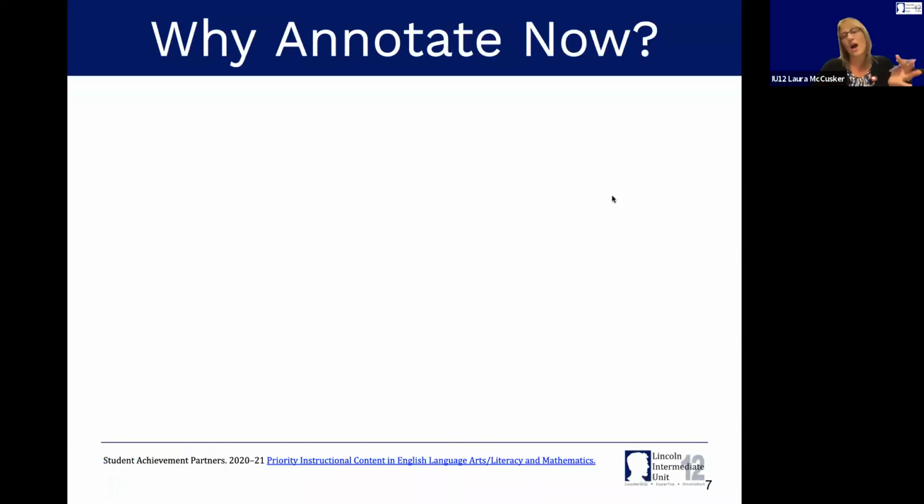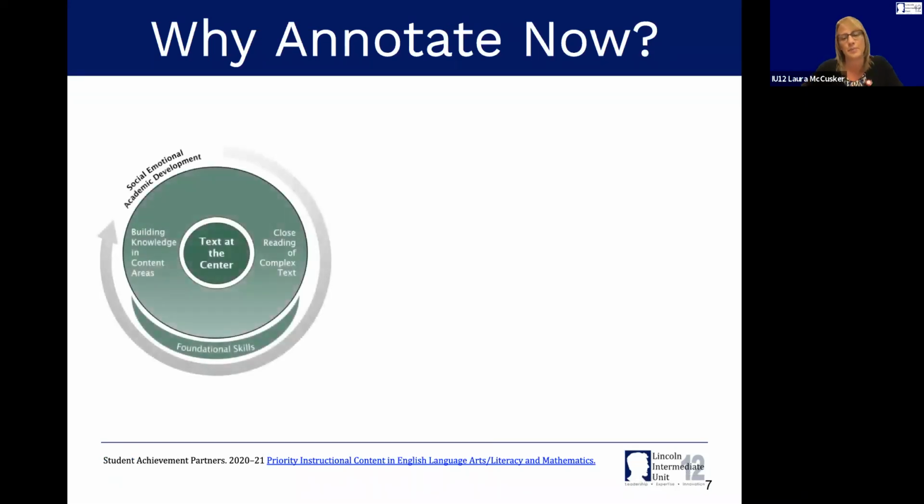So why are we talking about annotation now? There's so many things to be focused on. And so I wanted to bring up that right now, as far as reopening, there are some pieces that are being worked out for curriculum and instruction on what we are supposed to prioritize.